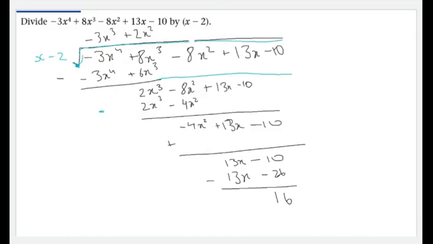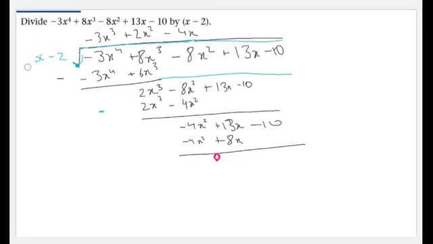So x goes into that minus 4x times, plus 8x. And that's going to change this. So 13x minus 8x leaves me with 5x minus 10, because of the 5 times.